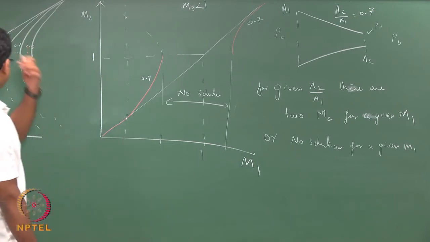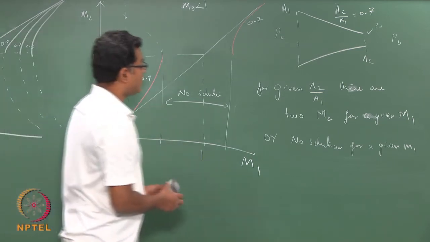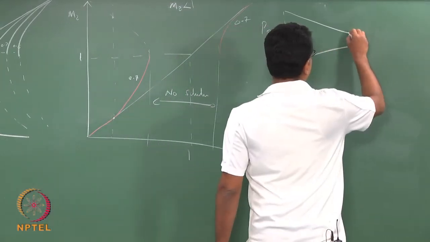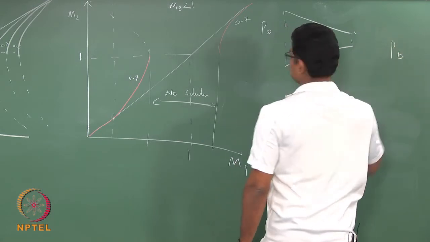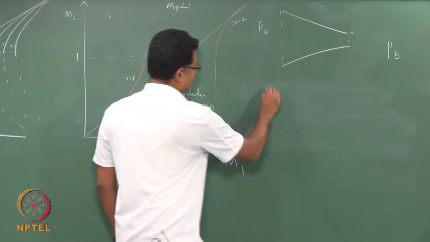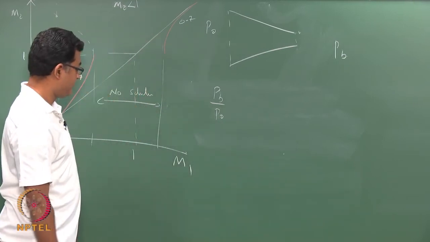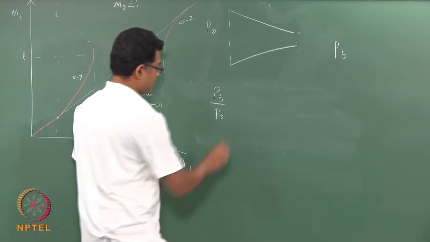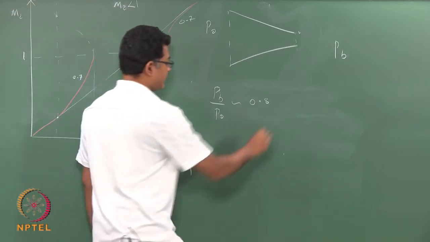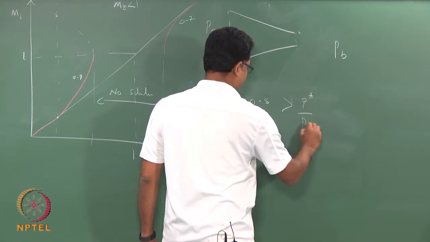Now, we are trying to understand what this picture is, so let us do this small exercise. I have a P0, I have a PB. Let us assume PB by P0, like what we had done in the last class, is somewhere around 0.8, which is greater than P star by P0.